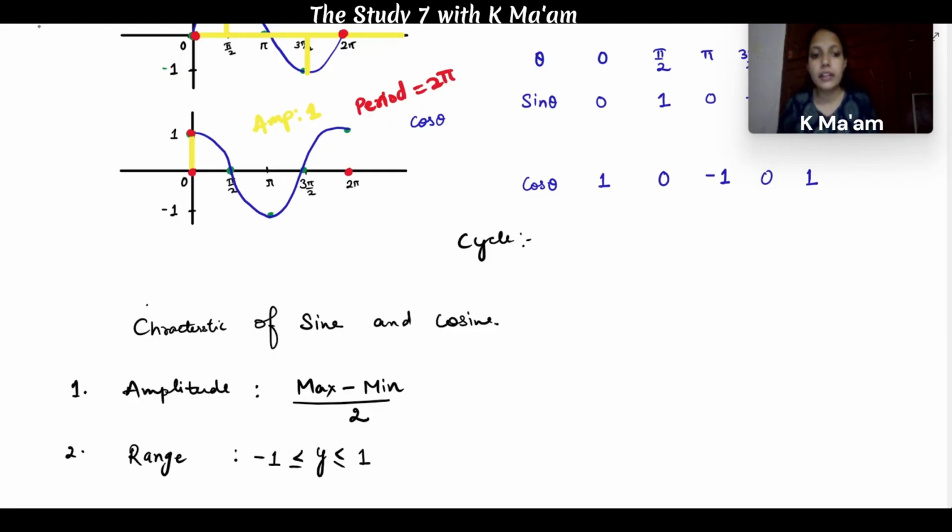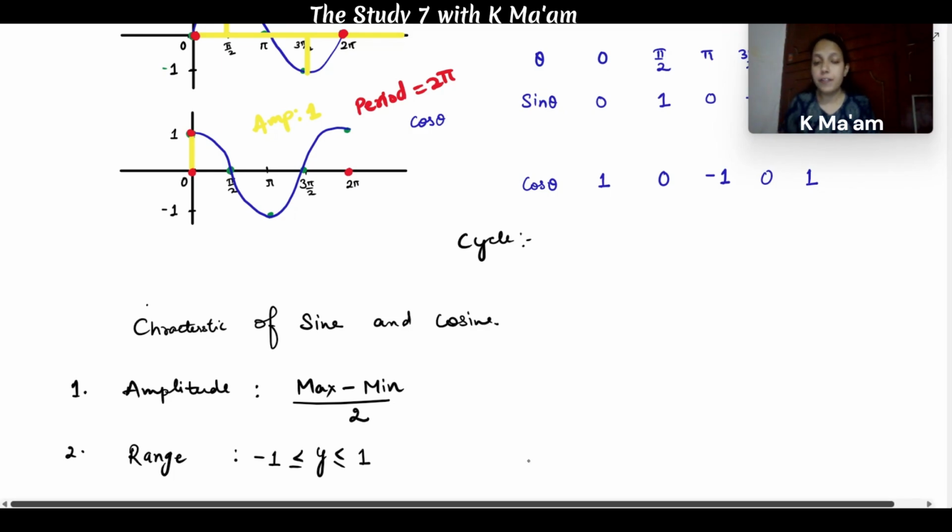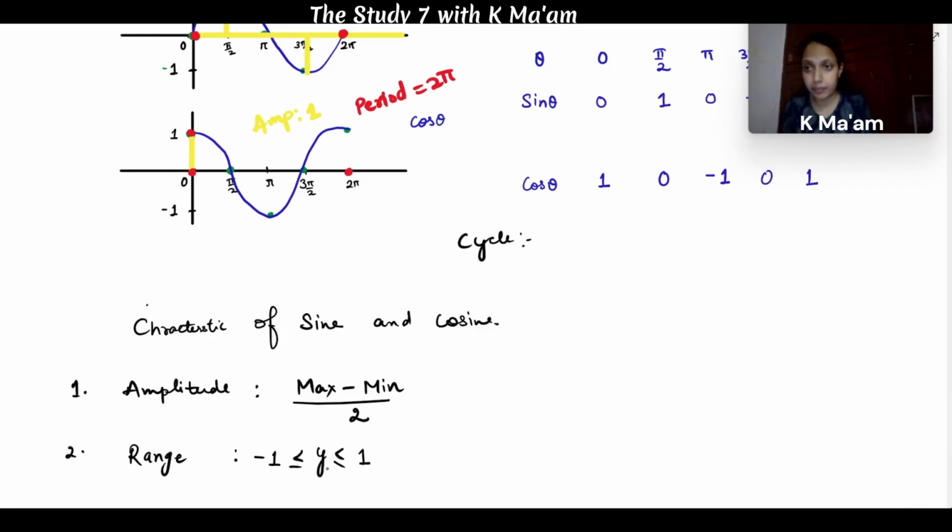Now next is the period of the function. If a particular curve is repeated in the function, we say the function is periodic. The shortest portion is known as a cycle, and the length of the small portion that is repeating is known as the period of the function.